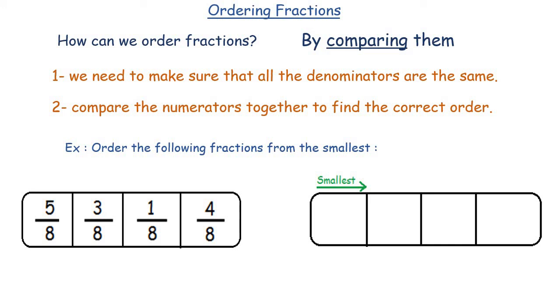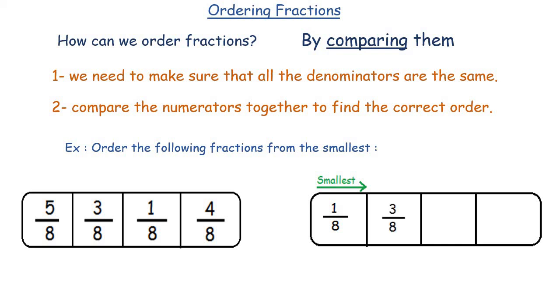Okay, which one of them has the smallest numerator? 1, 4, 5, or 3? Yes, it's 1/8. So 1/8 is the smallest. So I erase 1/8. Next, which one is the smallest? 5/8, 3/8, or 4/8?